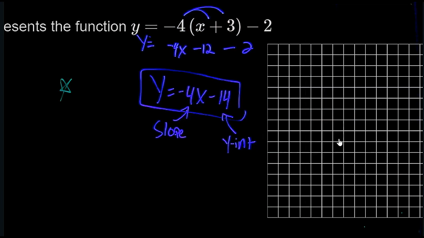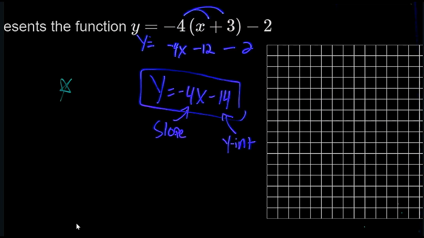So here we go. Let's put this on some graph paper here. The y-intercept being negative 14, that's gonna be really low. Let's make that negative 14 right there. That's gonna be my y-intercept of negative 14, way down at the bottom there. And the slope is negative 4, so it's going down. The slope is going down, so I would expect it to be pretty steep.